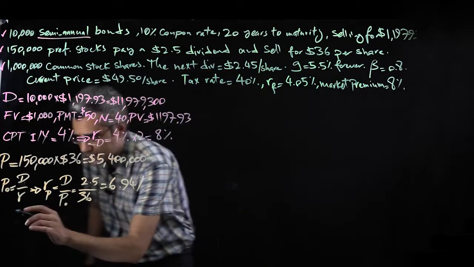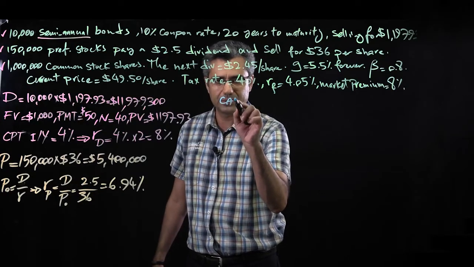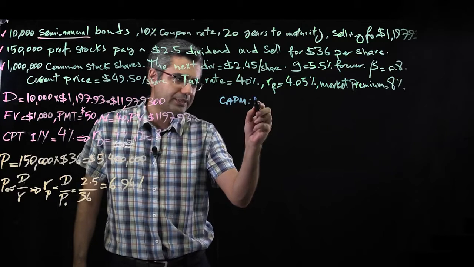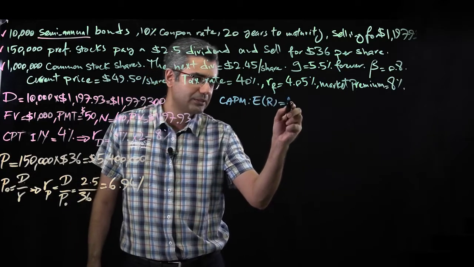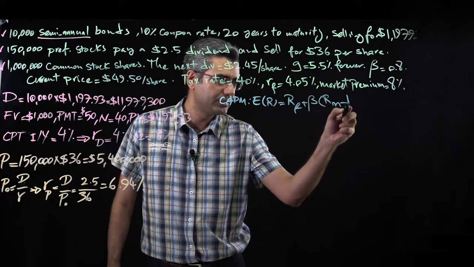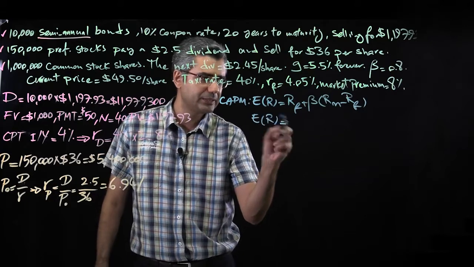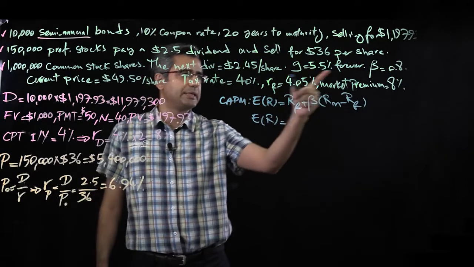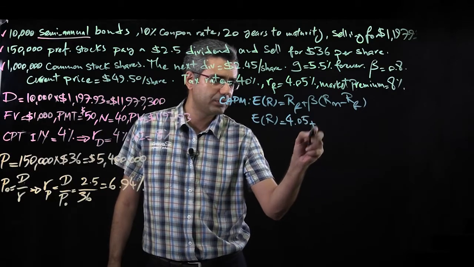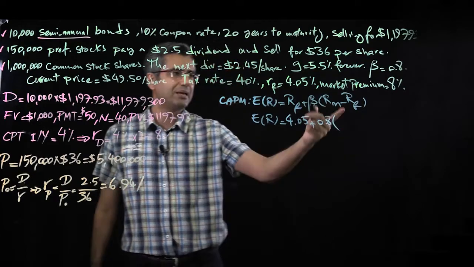So first, let's use the capital asset pricing model. The formula was expected return is risk-free rate plus beta times market premium. So the risk-free rate is given to you as 4.05% plus beta is 0.8 multiplied by (RM minus RF).